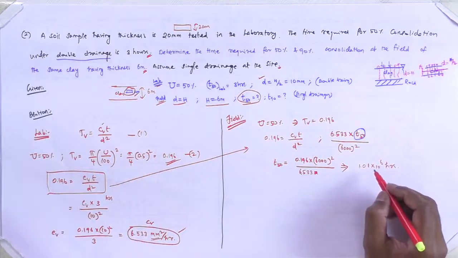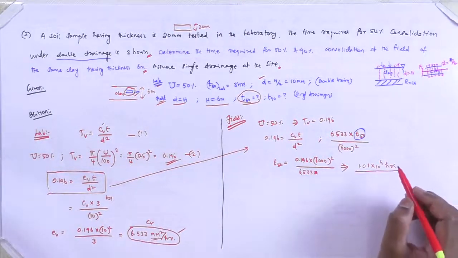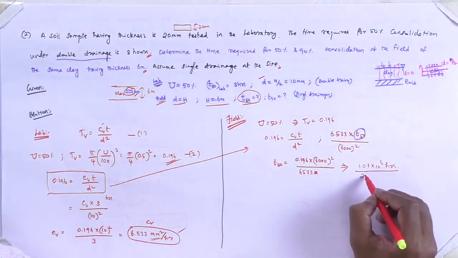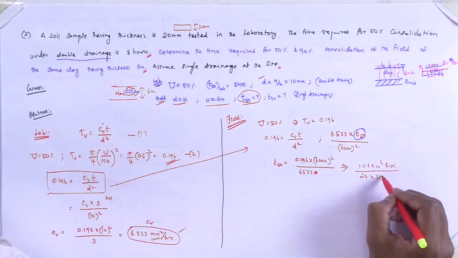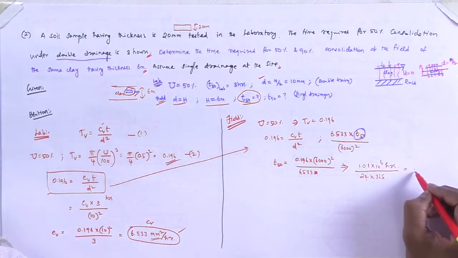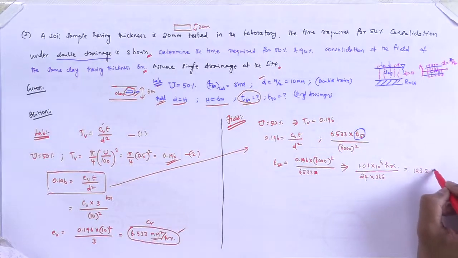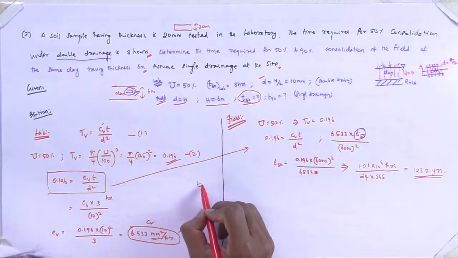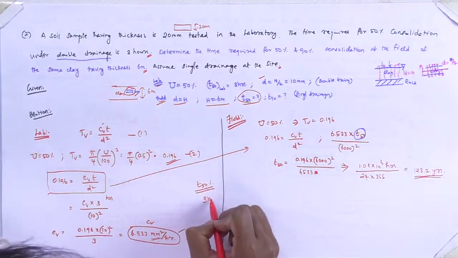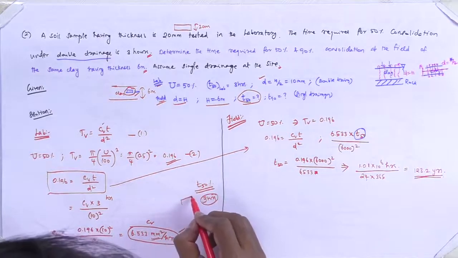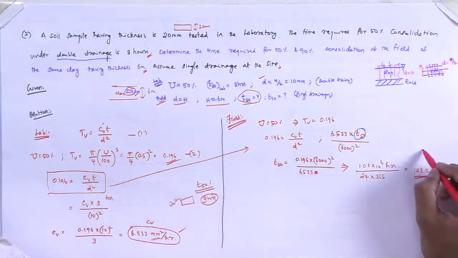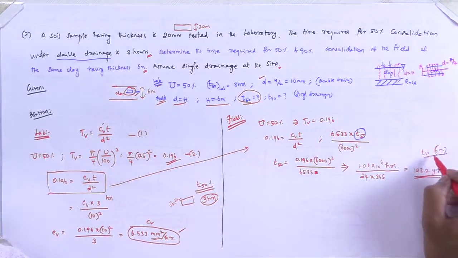Converting this, one day has 24 hours and one year has 365 days, so in years we get 123.22 years. In the laboratory, 50% consolidation takes 3 hours because the height is very small, 20 mm. But T50 for a 6 meter thick clay layer will take 123.2 years.